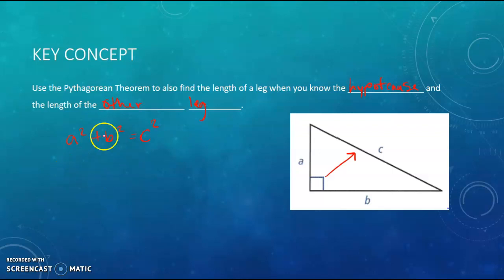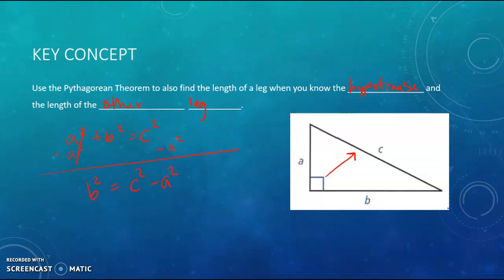We can think of it as plugging into a squared plus b squared equals c squared, and then solving. Knowing what I know about equations, to get b squared by itself, I can subtract a squared from both sides. And it is the same to do b squared equals c squared minus a squared, and I will be able to find b that way.